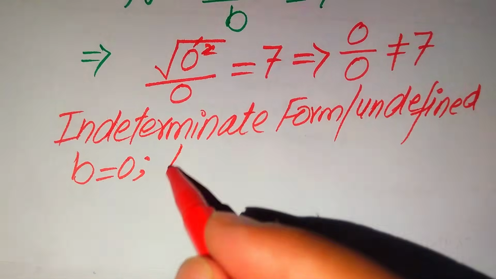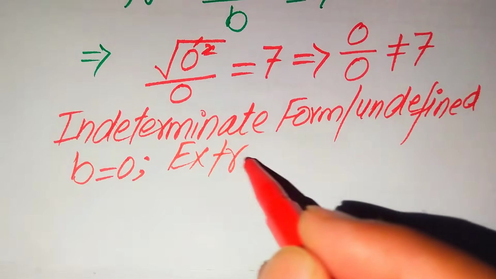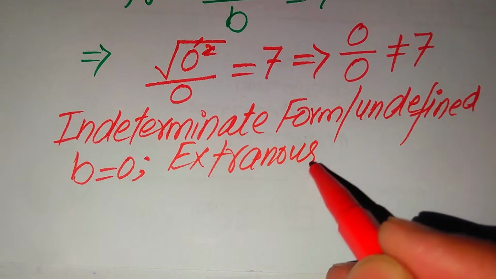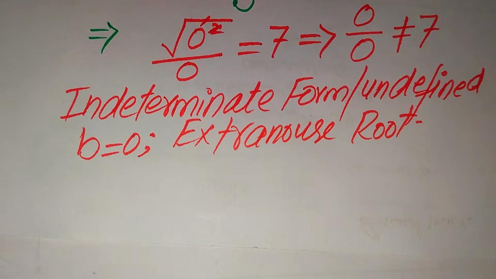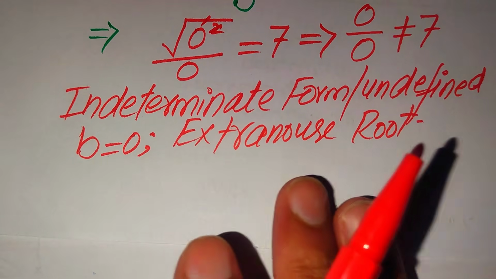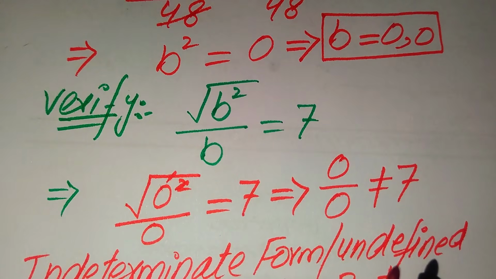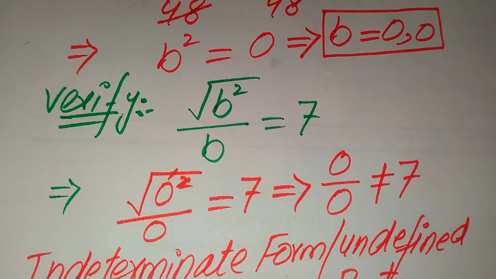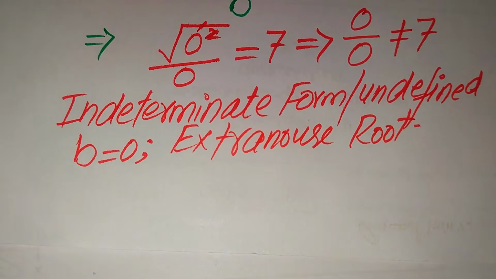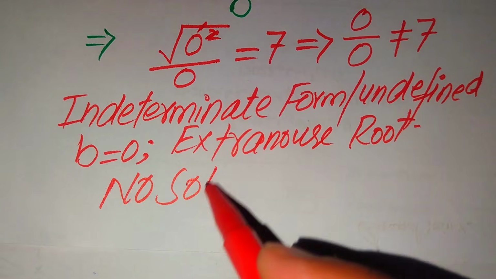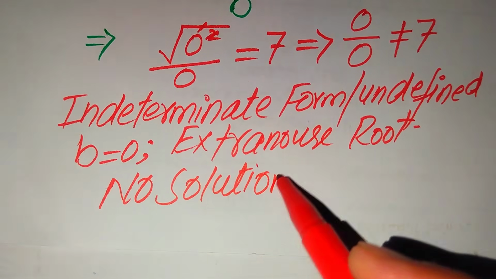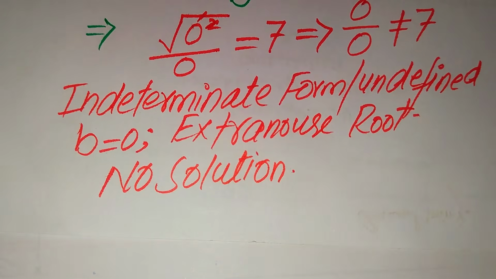So we call b equals 0 the extraneous root of the given equation. Also, you see that we cannot get any other value of b which satisfies our given question statement. So we finally conclude that this question has no solution in general. This is our final answer from the first method.